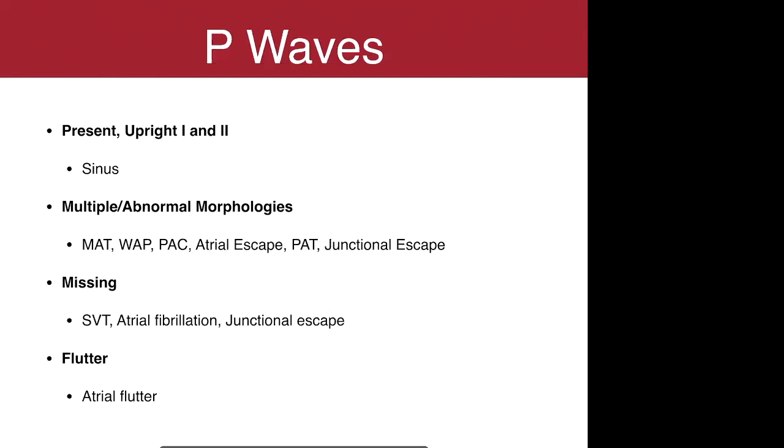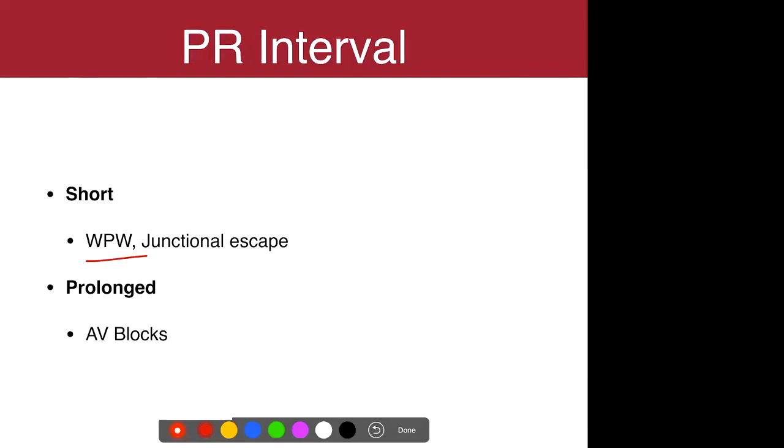PR intervals would be the next thing we look at, and the reason we've added that recently is because of looking at Wolff-Parkinson-White. If you remember talking about WPW, it's going to have a very short PR interval, the delta wave, and then the wide QRS complex. That's pretty bad. You have the delta wave where it slides into things, and then the wide QRS complex.